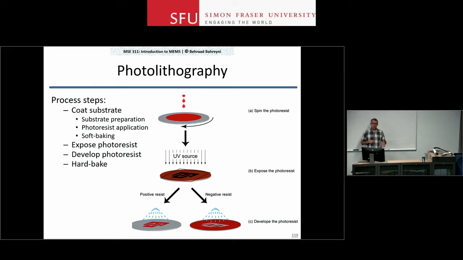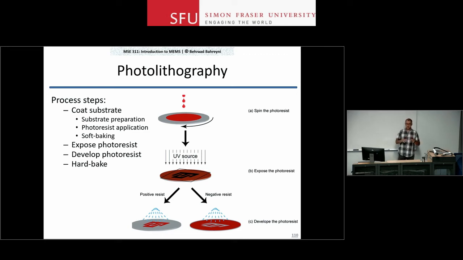Once you're done with this, your developer has removed the photoresist that you don't want, either positive or negative. You just want to make sure that everything is going to be a little bit more chemically stable. The remaining photoresist is more stable chemically, and you do a hard bake. You put the wafer inside an oven at, let's say, 120 degrees or so for 10 or 15 minutes.